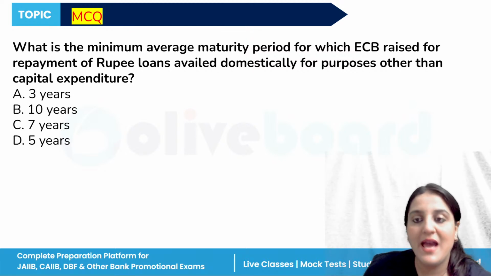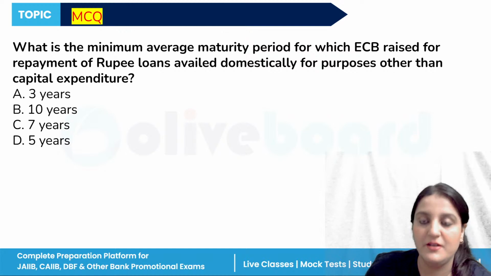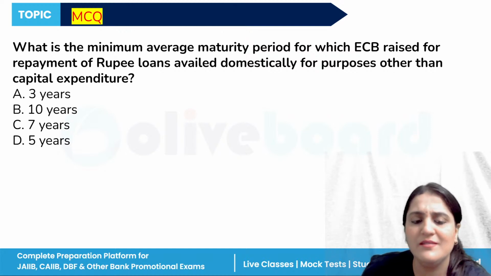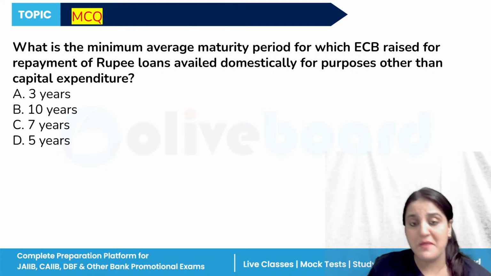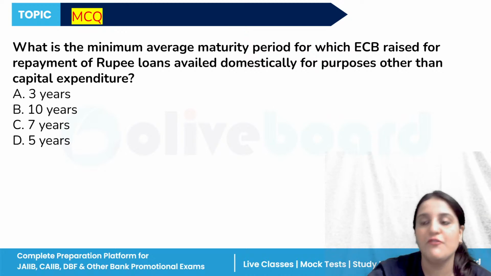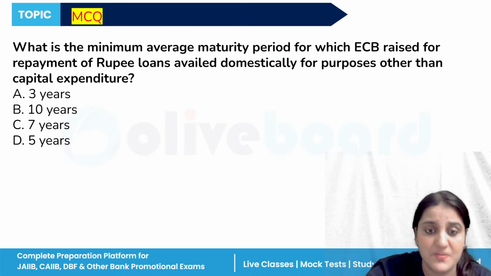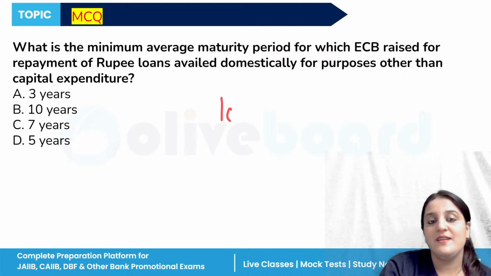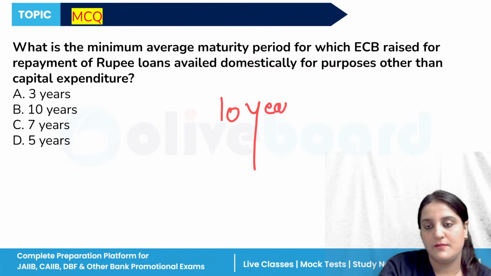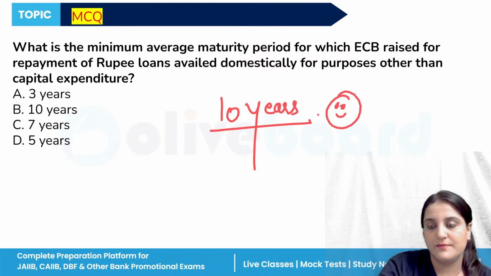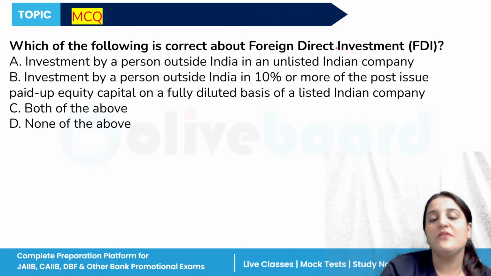The minimum average maturity period for ECB for the repayment of rupee loans availed domestically for purposes other than capital expenditure is 10 years. The answer is 10 years. Option B is correct.